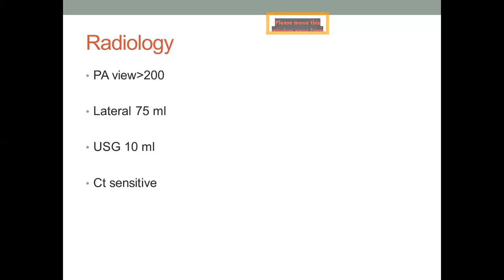And also loculation and septation can be seen on ultrasound in pleural effusion. And CT scan is more sensitive than chest X-ray and ultrasound.